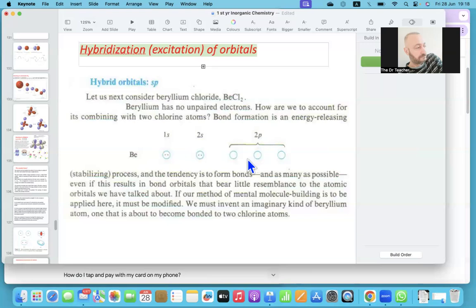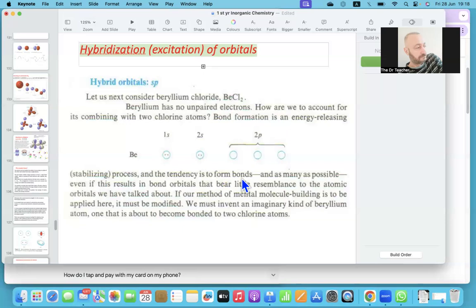And this is important for the hybridization, for moving electrons from a lower energy level filled with electrons to empty orbitals. Bond formation is an energy releasing, stabilizing process.